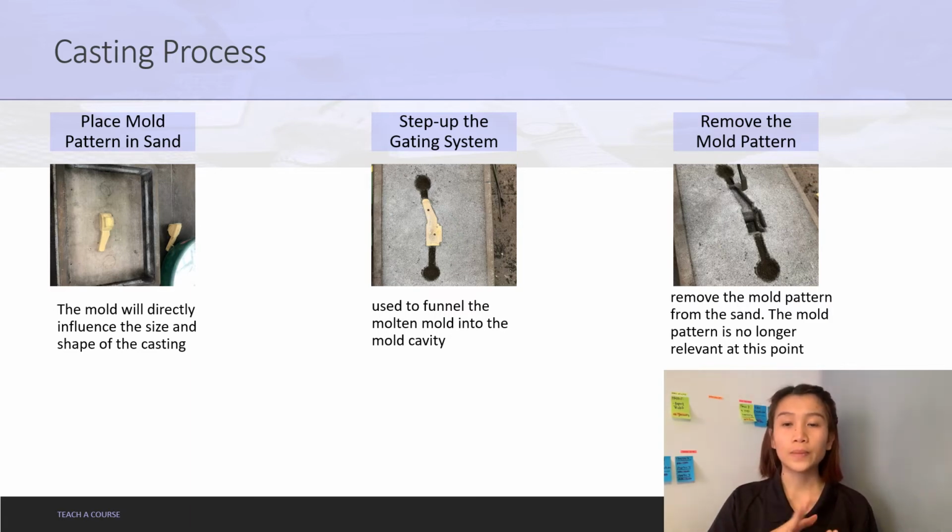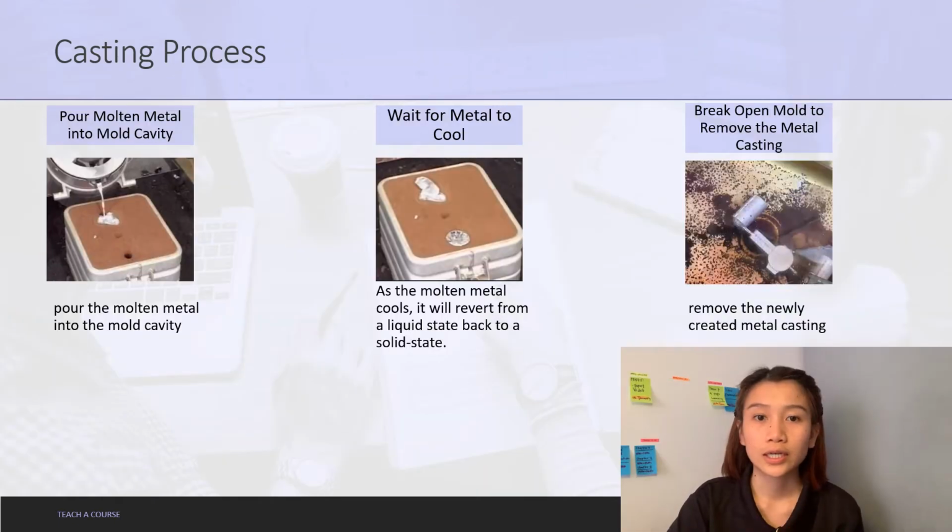After the gating system is set up, the mold pattern can be removed from the sand. The mold pattern is no longer relevant at this point. When the mold pattern is placed in the sand, the sand takes the shape of the pattern. As a result, the pattern can be removed right after the gating system is made. The next process is pouring the molten metal into the mold cavity.